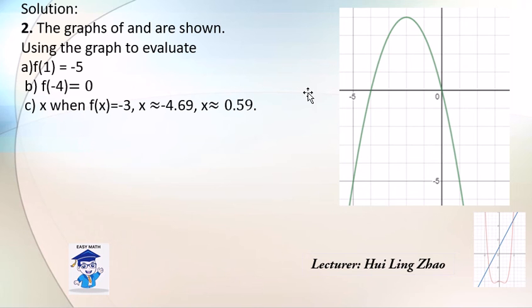When x is -4 on the left side, y equals 0. And when y equals -3, find the x. Y is -3, 1, 2, 3 here, and then find the x here, almost at -4.6. The first one is -4.69, and another one is 0.59.